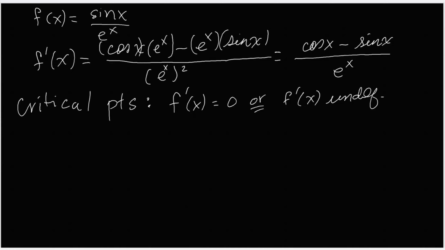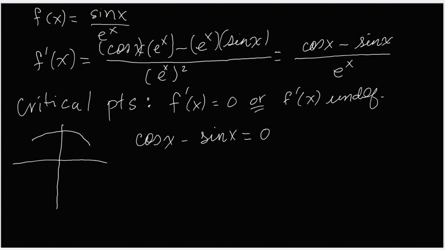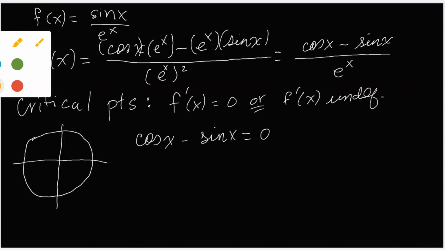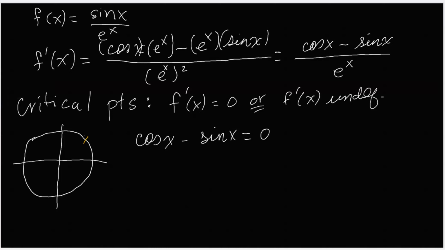So the only time you would have a critical point is when the derivative is 0, and the derivative is 0 when cosine of x minus sine of x is equal to 0. So the question here, looking at a unit circle, is when is cosine of x the same as sine of x, so that when we subtract, we will have 0?